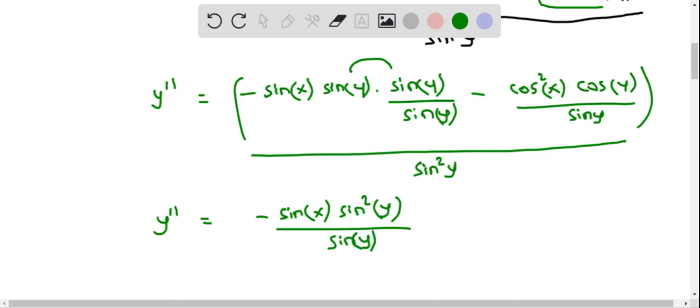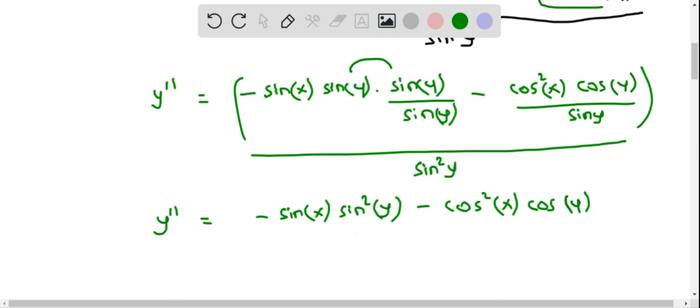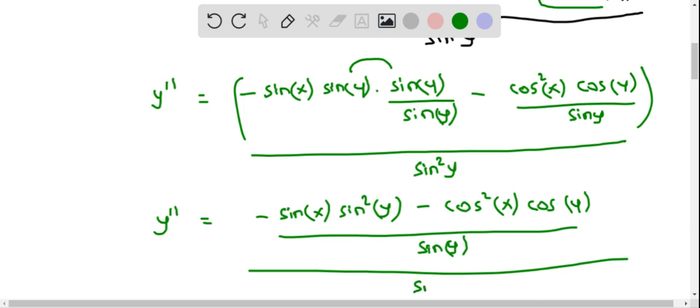Maybe we could just combine these terms and put this as a common denominator, and the second term is negative cosine squared x times cosine y, and the common denominator is sine y. So this basically represents the numerator fraction, but the denominator fraction is sine squared y.